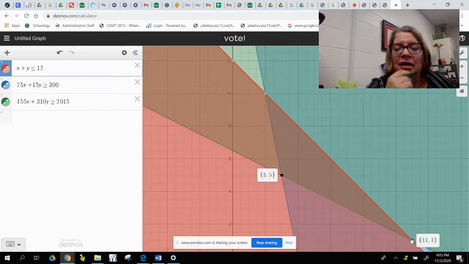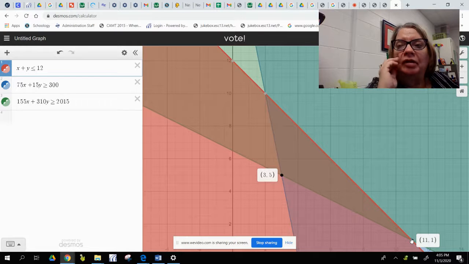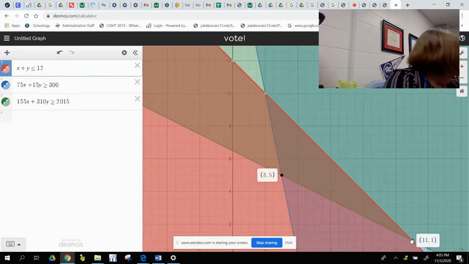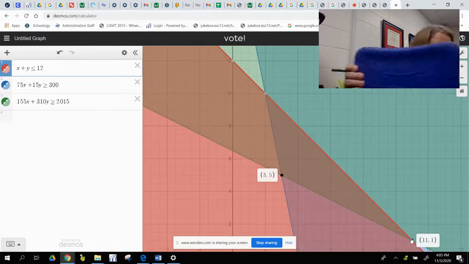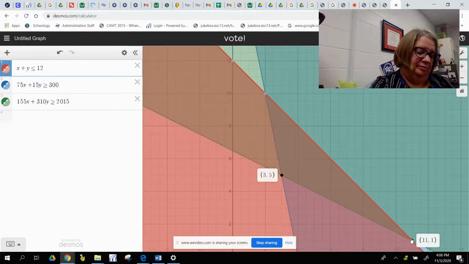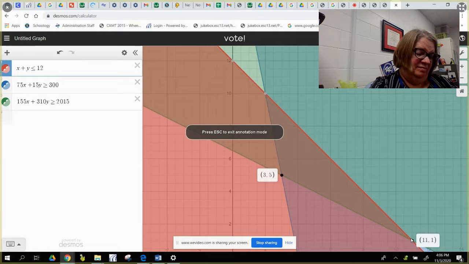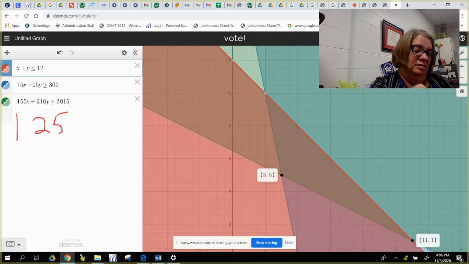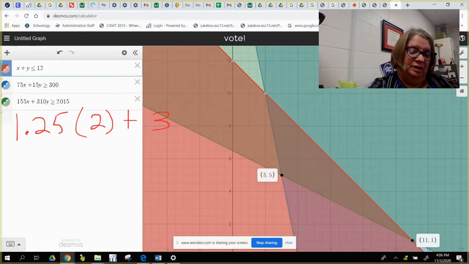So then how do I use that to find a minimum and maximum? What were the prices? Each power bar was $1.25. That first point, the one at the very top, was 2, 10. And then we had $3.75 for each mini meal.